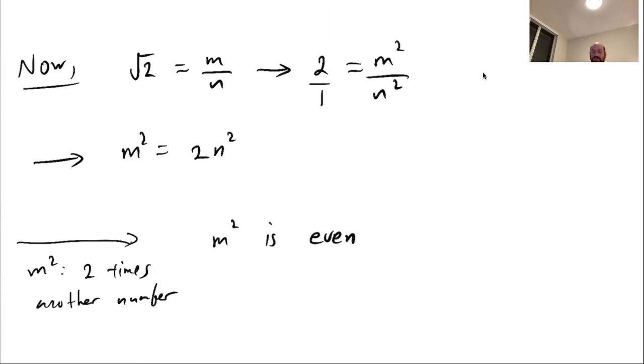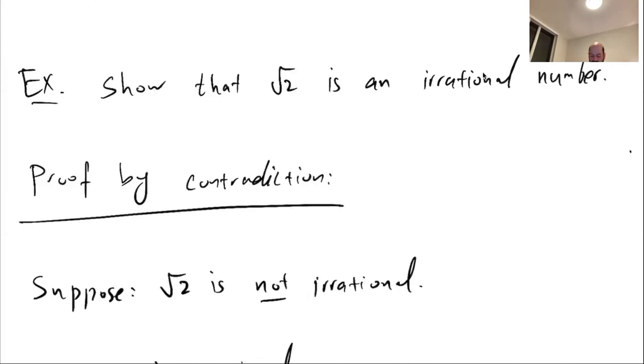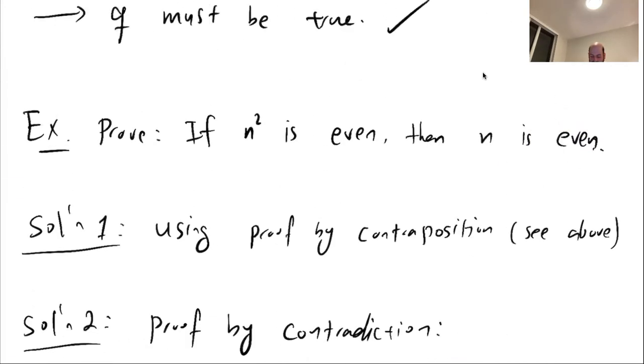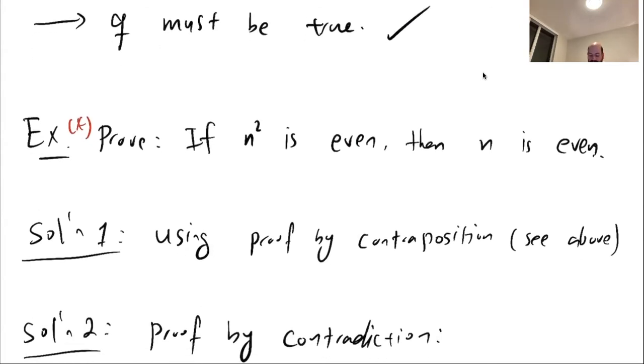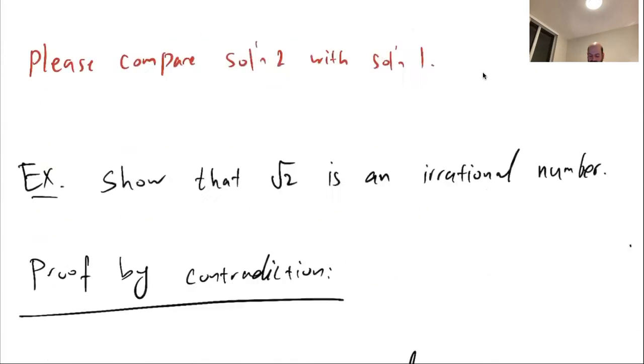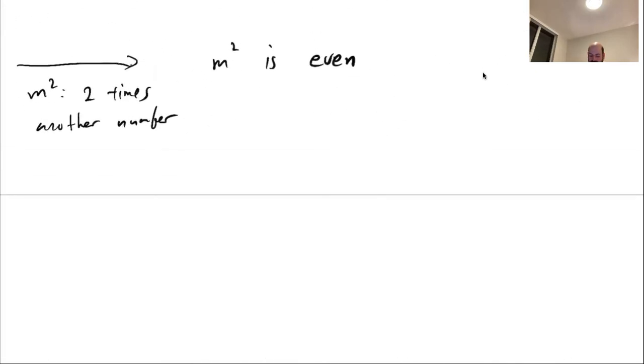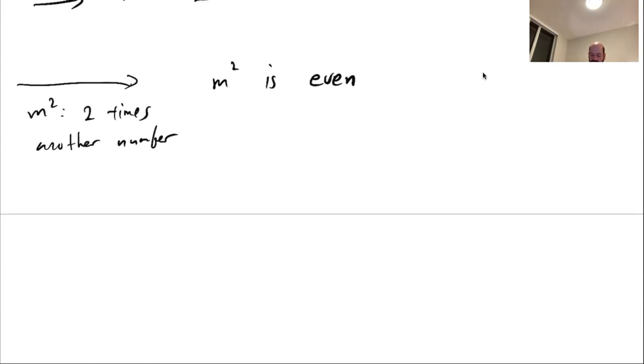Now I want to use the previous example that we did here. Let me call this example star. In example star, we proved if n squared is even, then n is even, and we provided 2 solutions. So here I have m squared even. Example star above implies that m is even.